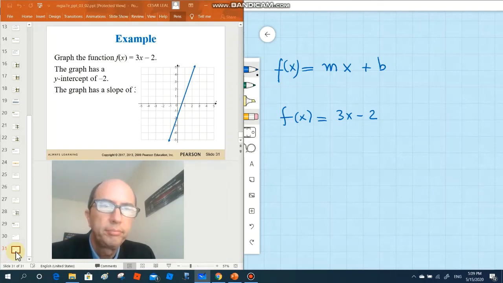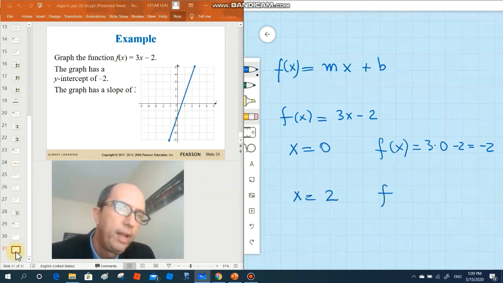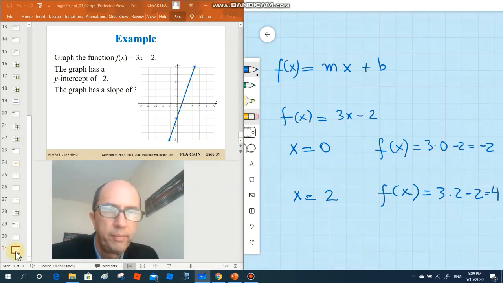Let's say if x equals 0, f(x) equals 3 times 0 minus 2, negative 2, right? If x equals, let's say 2, f(x) equals 3 times 2 minus 2, 6 minus 2, 4.